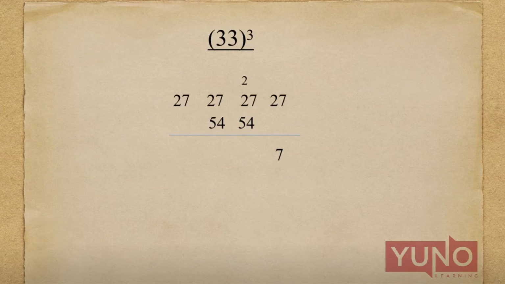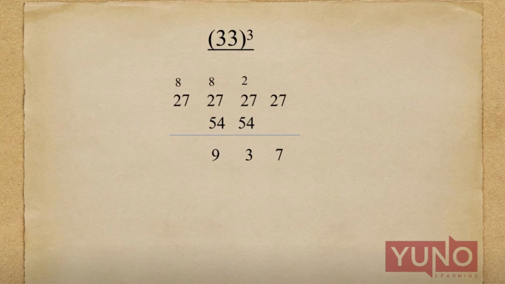Out of this 83, I will be writing only 3 in the answer, and 8 will be our new carry. Again, 27 plus 54 is 81, and 81 plus 8 is 89. I will be writing 9 in the answer, and 8 will be our new carry.